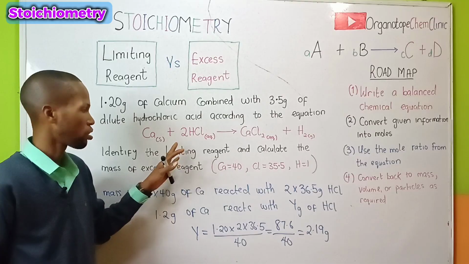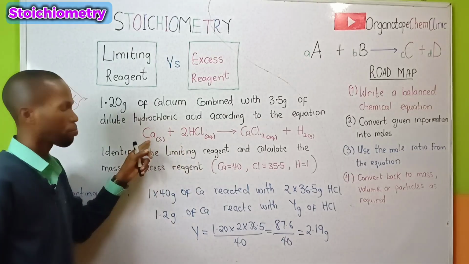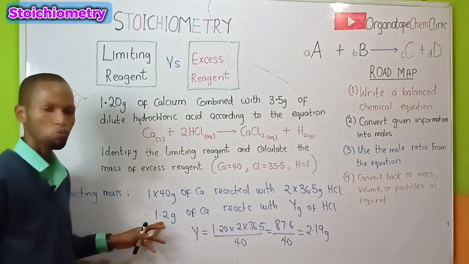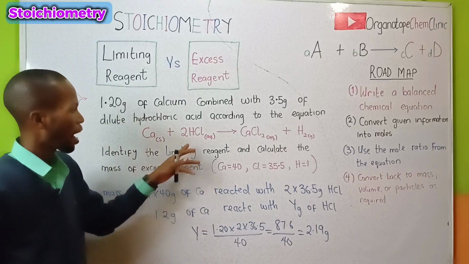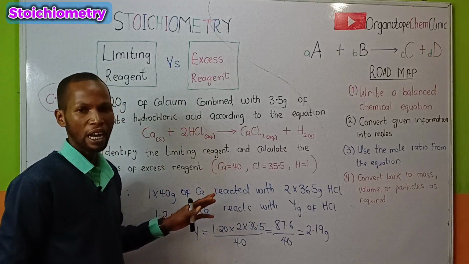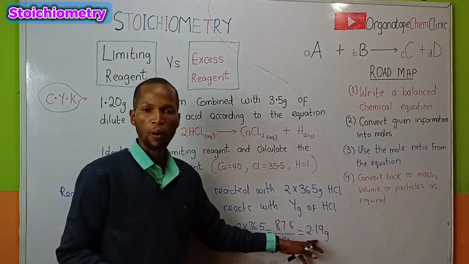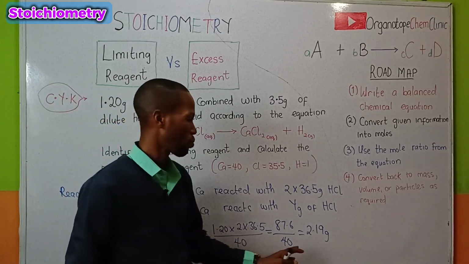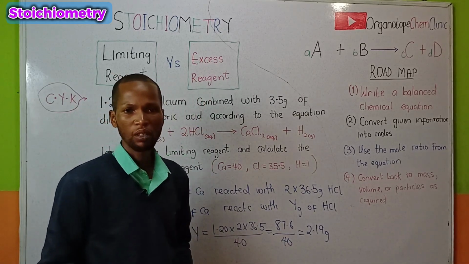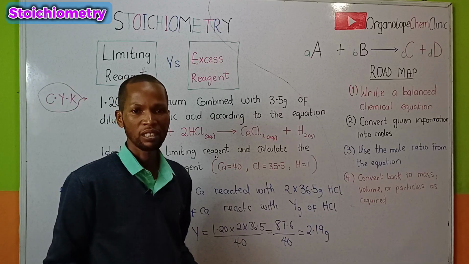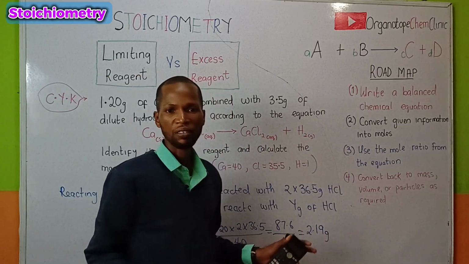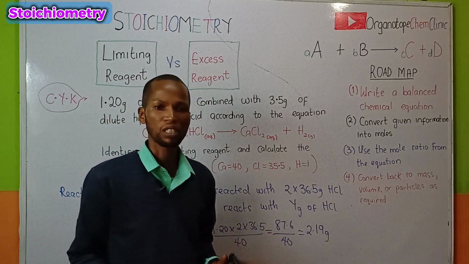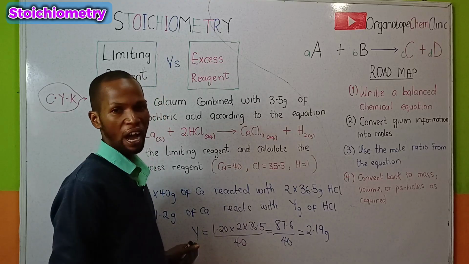Whenever you are asked to determine the limiting reagent or excess reagent, you focus on the reactant side of the equation. Right here, the actual mass of calcium is 1.20 gram, while the mass of hydrochloric acid is 2.19 grams. So when we compare 1.20 gram with 2.19 gram, which one is higher? That's right. The mass of hydrochloric acid in this stoichiometry equation is higher than that of calcium.